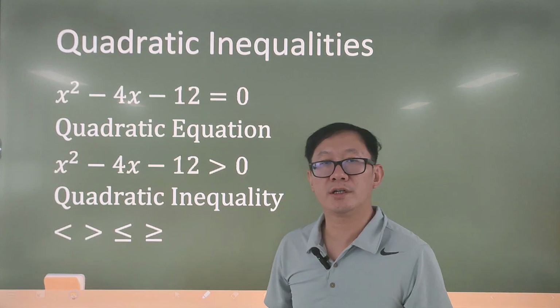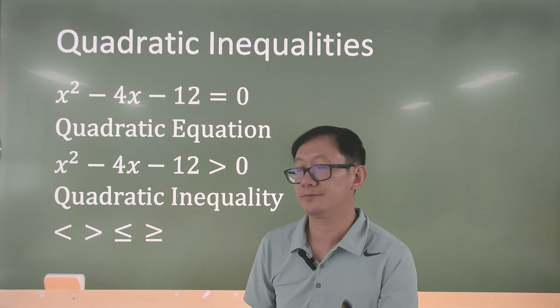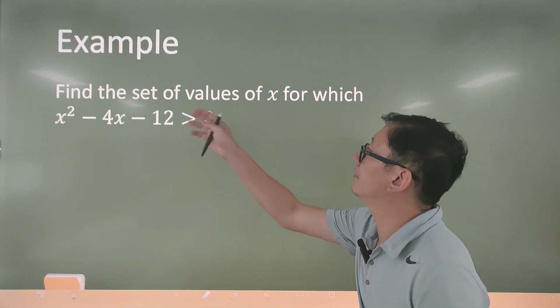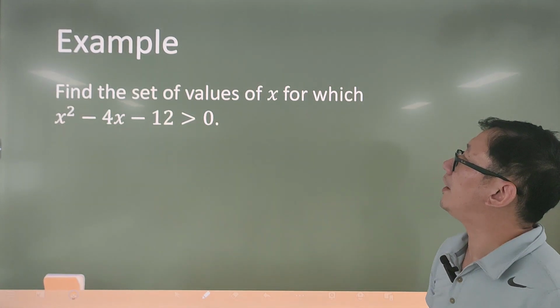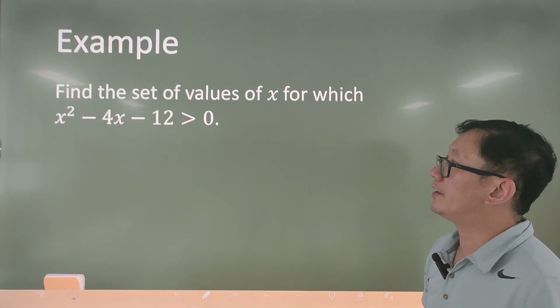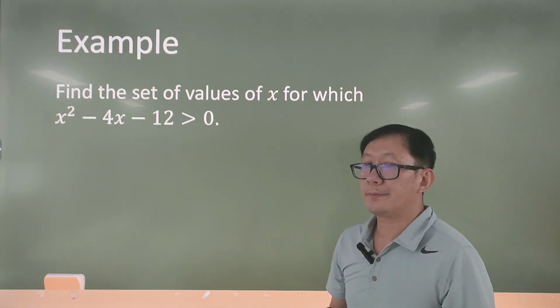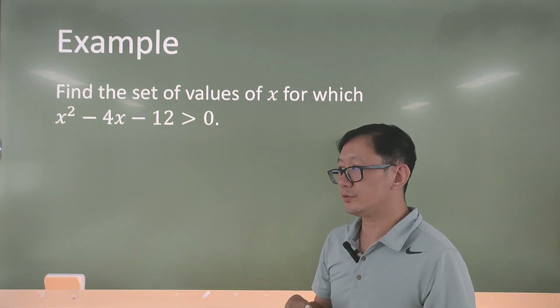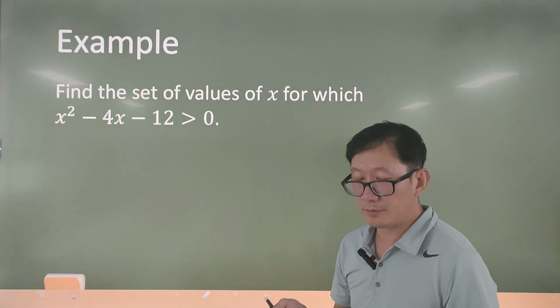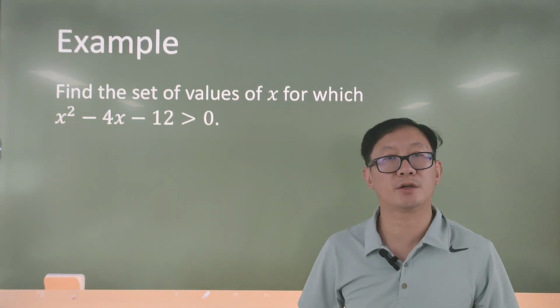Okay, we are going to learn by example. So let's dive into it. Find a set of values of x for which x squared minus 4x minus 12 is greater than 0. The key to solving this question is to first turn it into an equation.